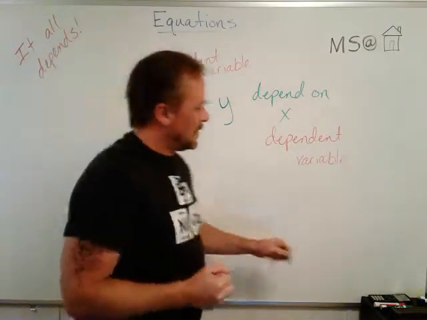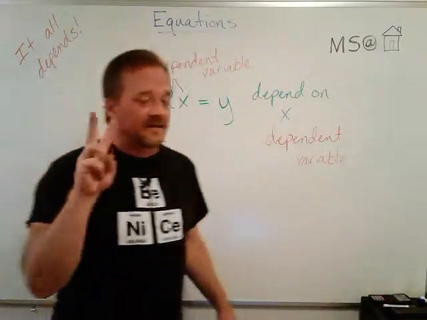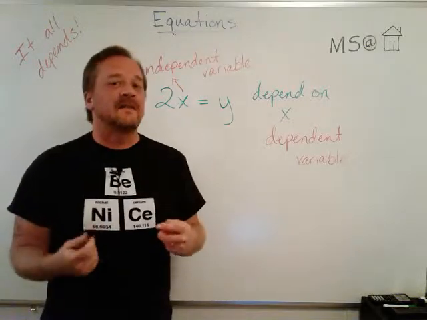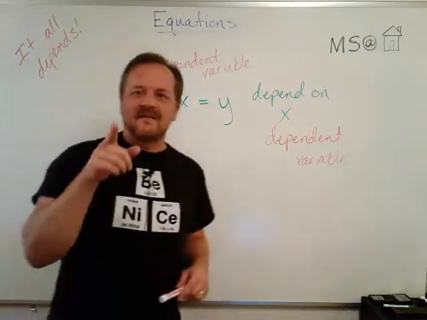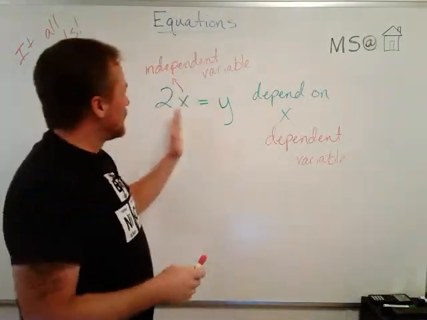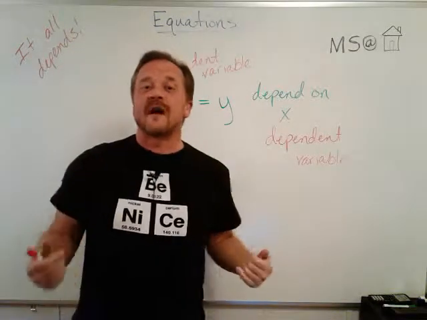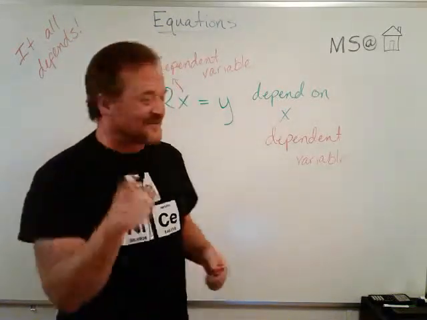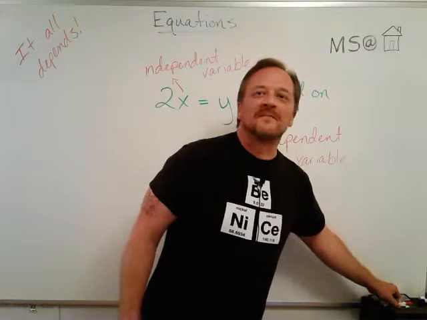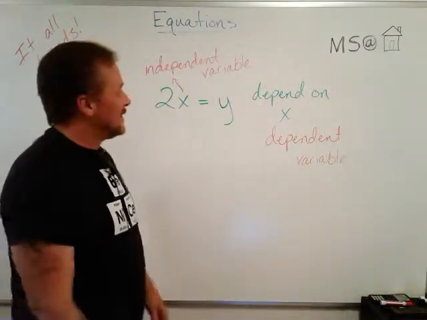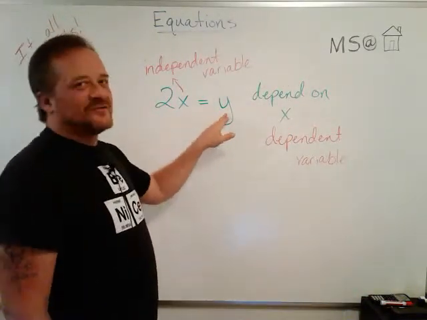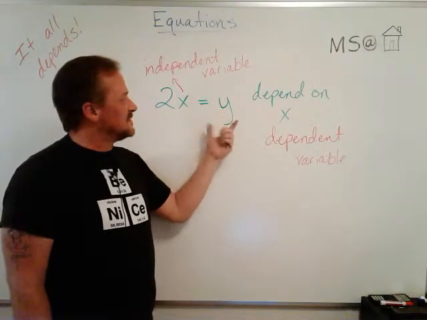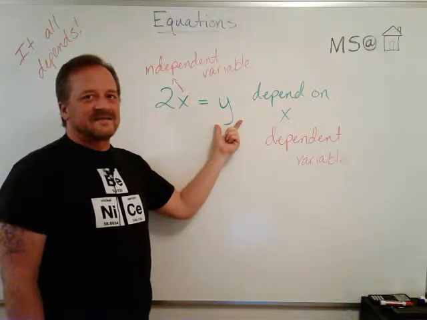Now, the second thing about being an independent variable is that the person who's actually working on this gets to choose the value. You get to choose what x is going to be worth, okay? You don't really get to choose y because y is just kind of sitting there hanging out.